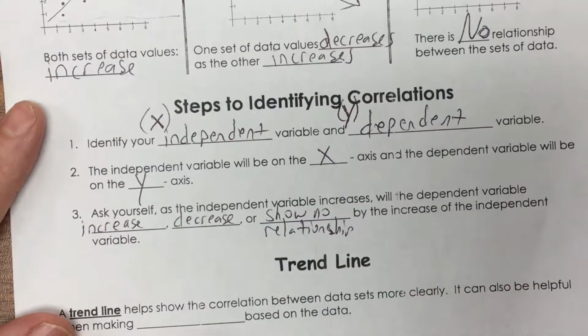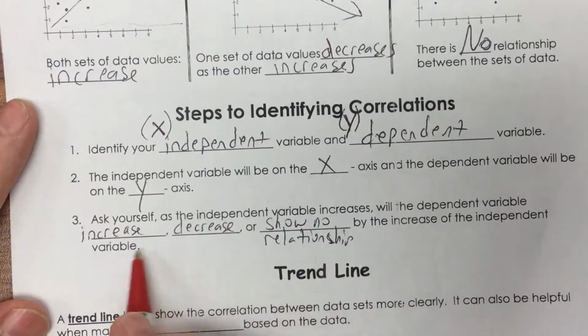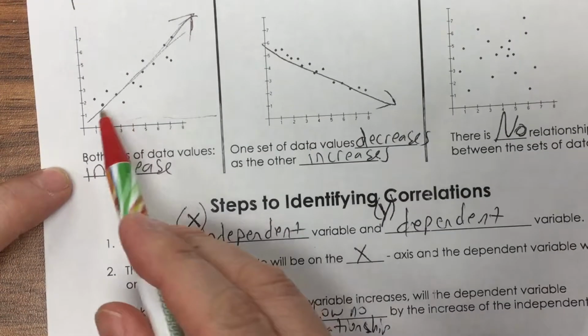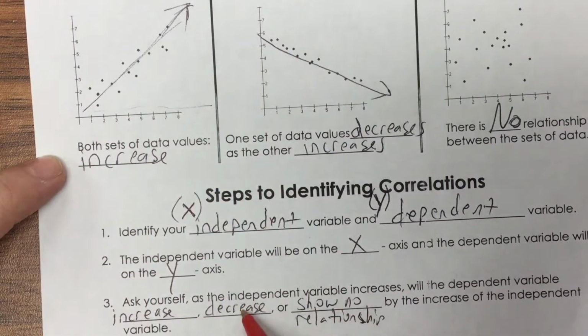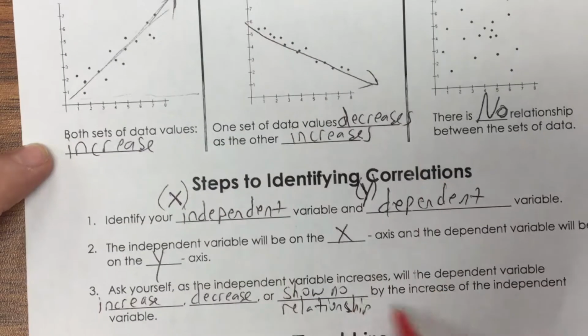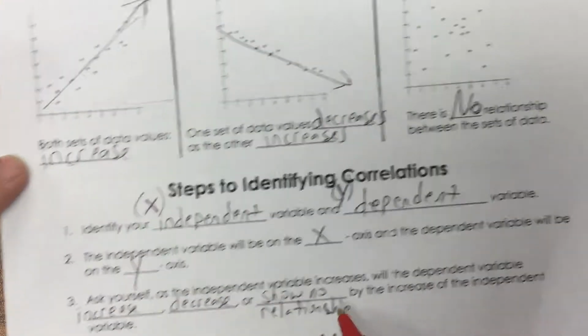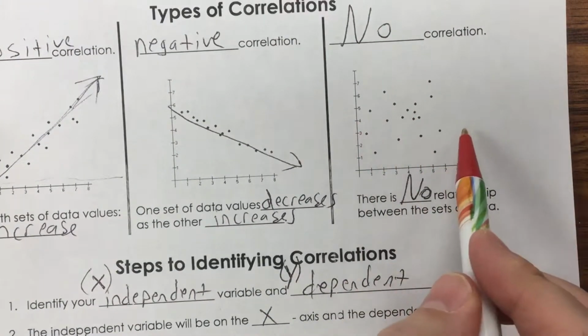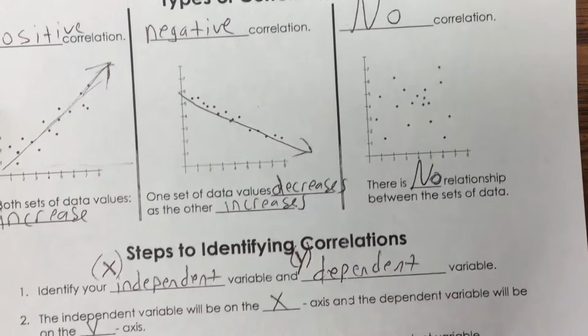By the increase in the independent variable. If it increases, it will look something like this. If it decreases, it will look something like this. If there's no relationship shown, it's going to be scattered and you will not see an uphill or downhill trend.